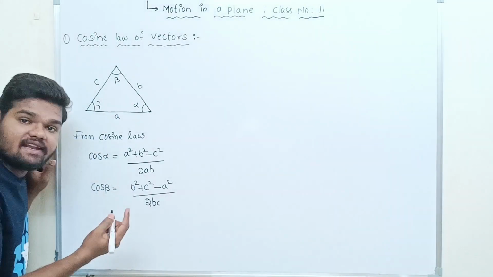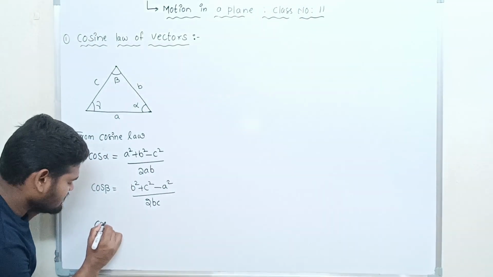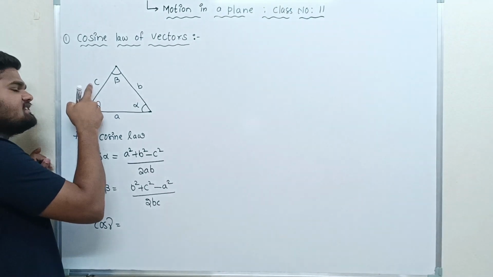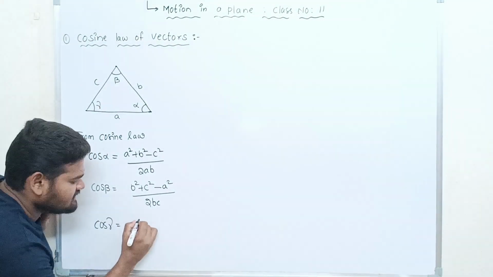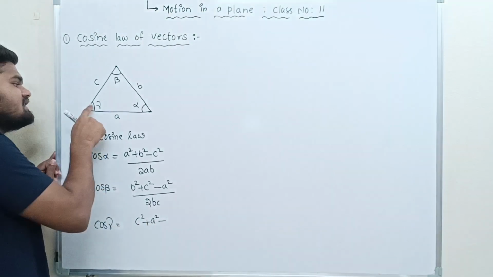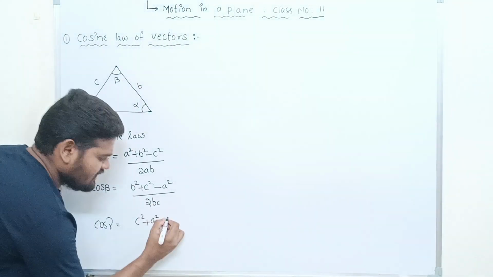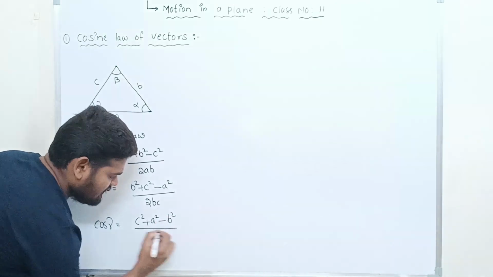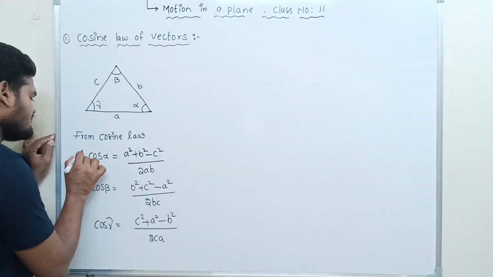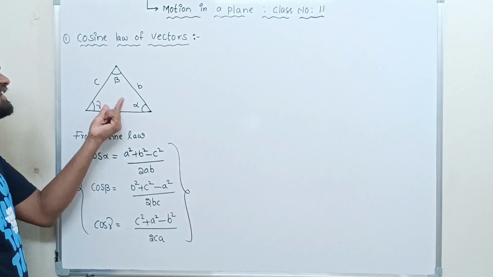Similarly, cos gamma is equal to c square plus a square minus b square, divided by 2ca, since gamma is between sides c and a and b is the opposite side. So these are the cosine laws based on the given triangle.